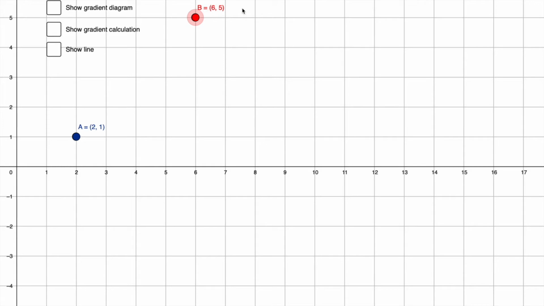If I start with the B point here and I subtract from my B point, so if I do 5 subtract 1, that's 4, and divide it by 6 subtract 2 is 4, and 4 divided by 4 is going to give me 1. So the gradient of line AB would be 1.